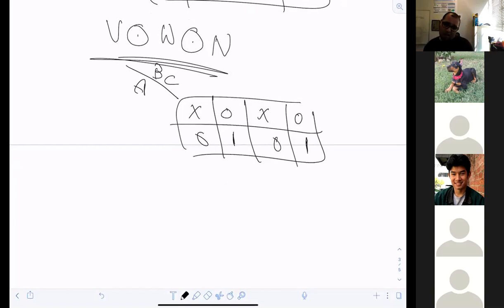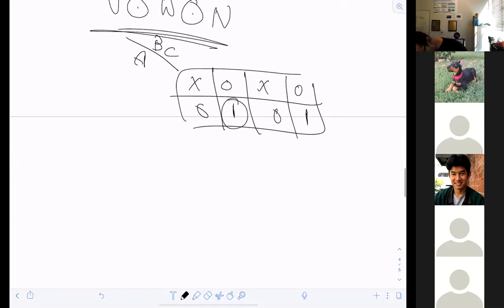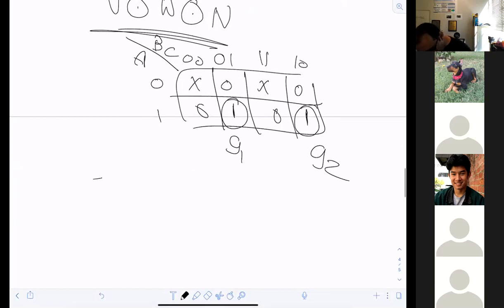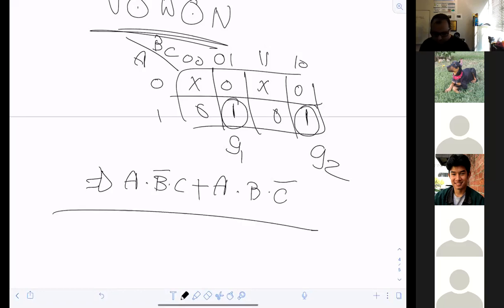So in that case, you would say this is a group, and this is a group, and end of the day this is equivalent to A with B complement C, and A with B C complement. Do you agree?